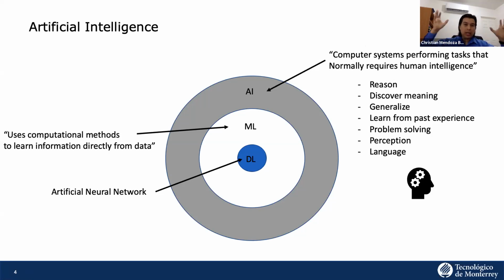We can generalize concepts and translate knowledge to different areas. We can learn from past experiences. We can solve problems. All of these areas of expertise are what we really master and are good at as humans, right? And they define us as being intelligent beings.